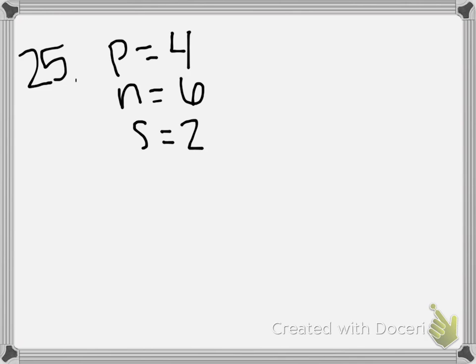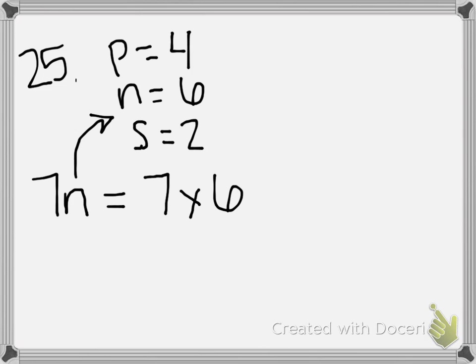And anytime you see s, you'll plug in 2. So for number 25, I have 7n. And this would be the same thing as multiplication because there's nothing between the two numbers. So n, I'm going to come up here, n equals 6. So I'm going to rewrite this and say 7 times 6. Well, 7 times 6 equals 42.